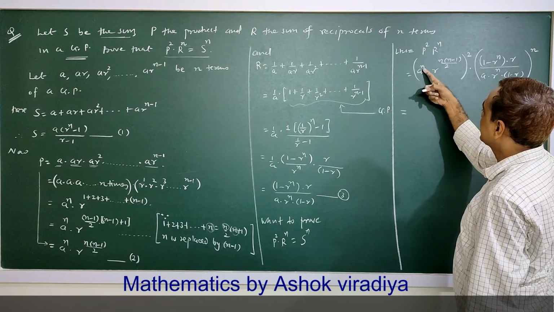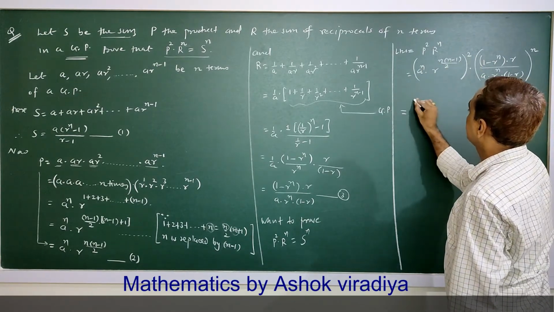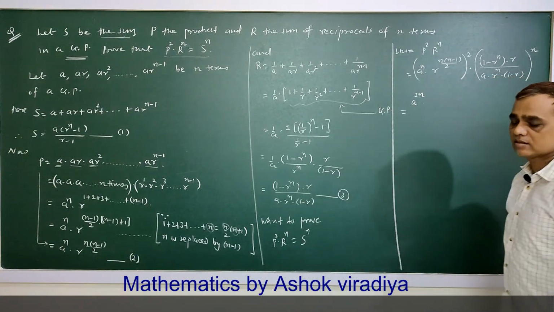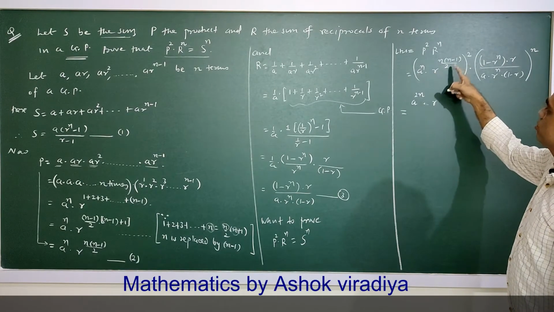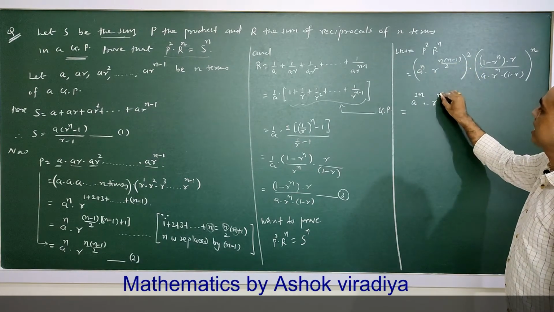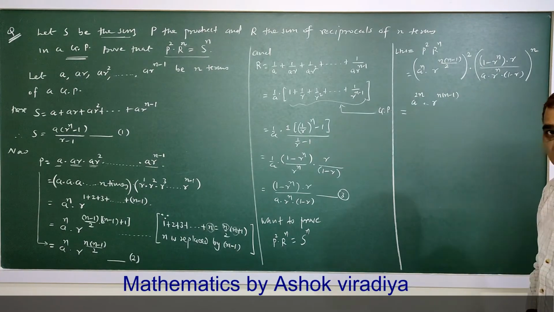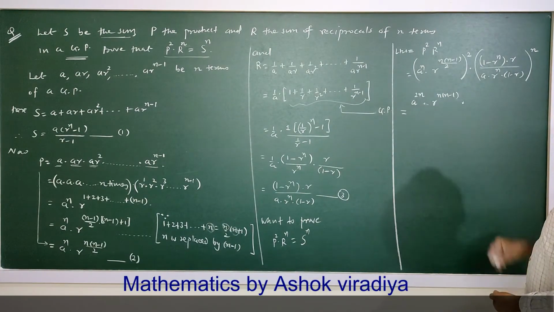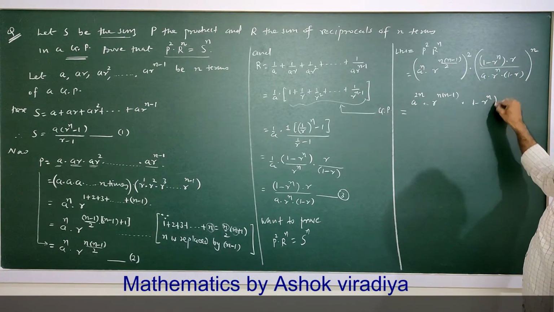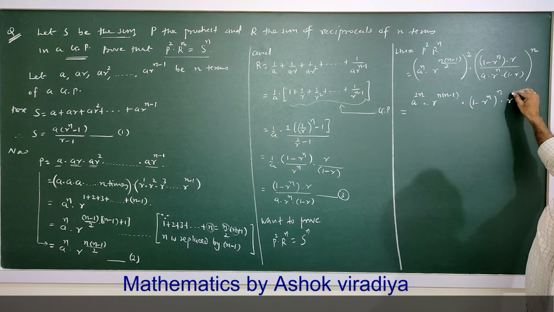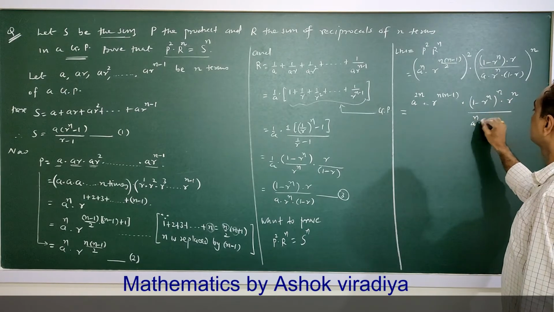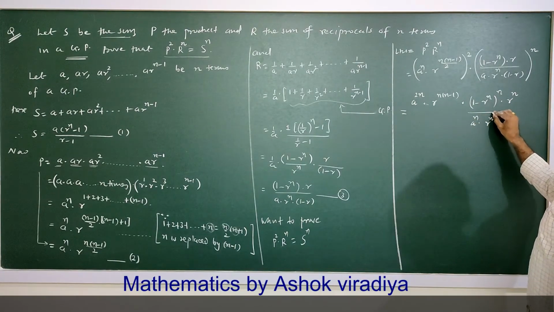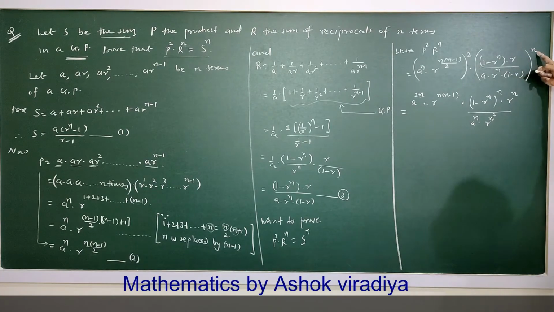Multiplying inner and outer power, it is a raised to 2n into r raised to, multiplying inner and outer power, n into n minus 1, into here 1 minus r raised to n into r raised to n upon a raised to n, r raised to n square, that is n square, 1 minus r raised to n.